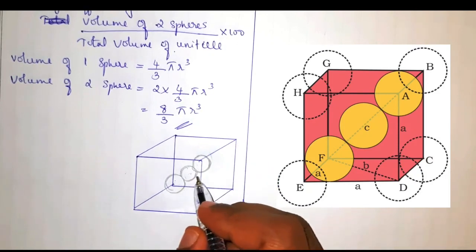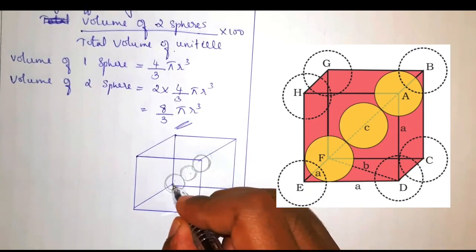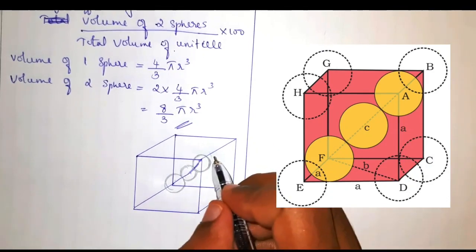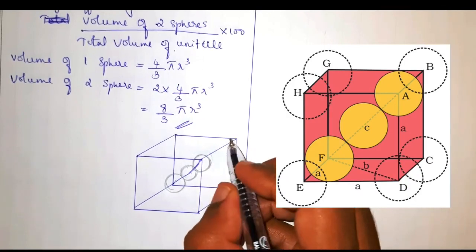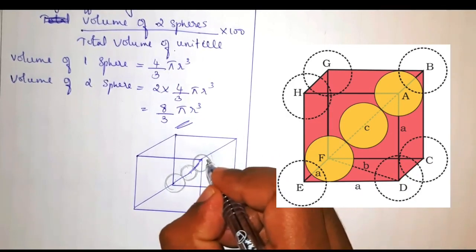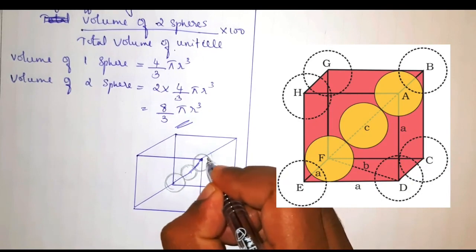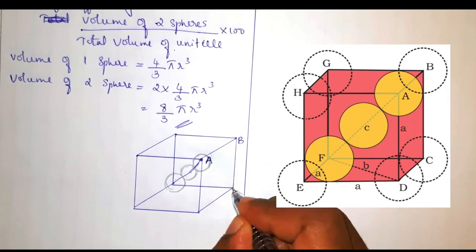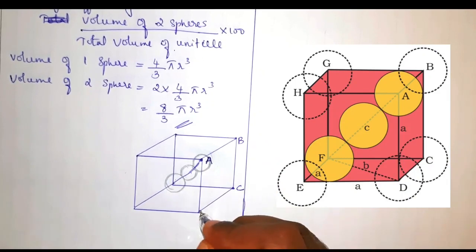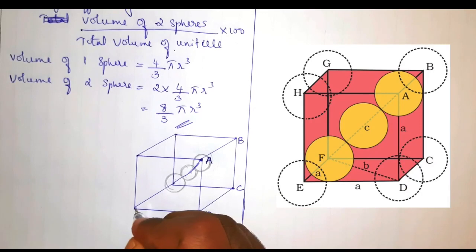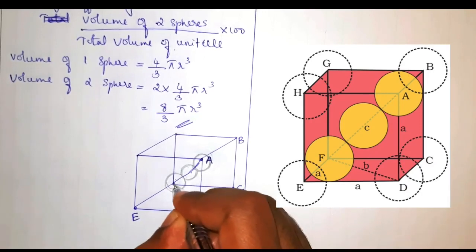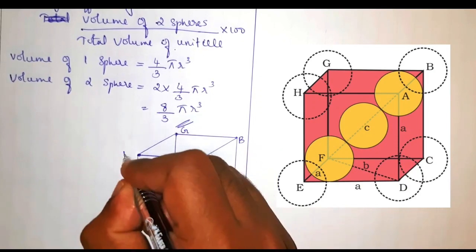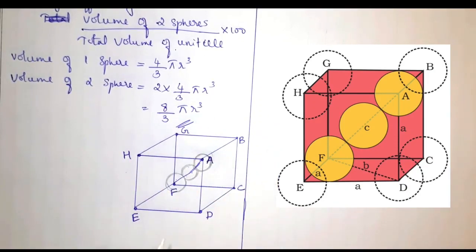Now after drawing this, if you join these points, you will get a diagonal there. Before that, you have to mark the corners. This is A, this is B, let this be C, this is D, this is E, then this is F, this is G, and this is H. So we have marked all the corners.